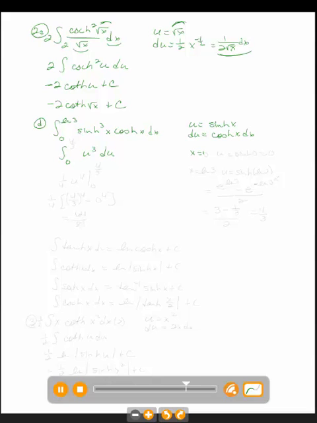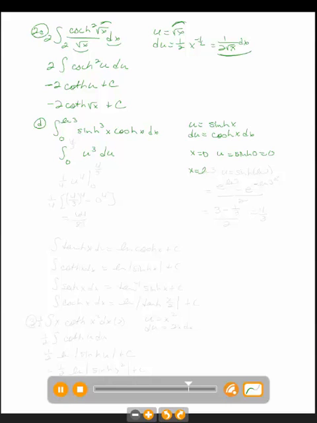So when x equals 0, u is the hyperbolic sine of 0. And if you go to your calculator, you end up getting 0. Or you can plug it into what the hyperbolic sine turns into with your e to the x. Let's do the other one.